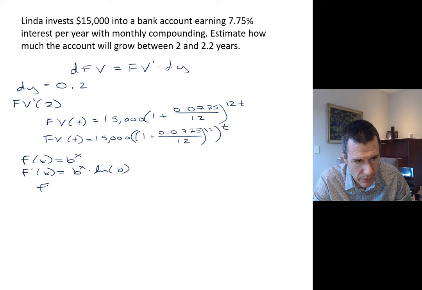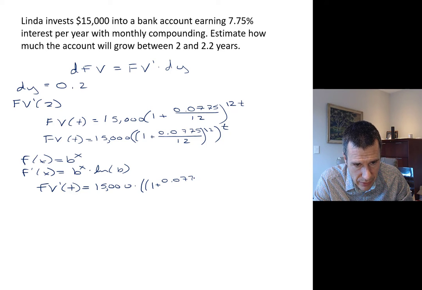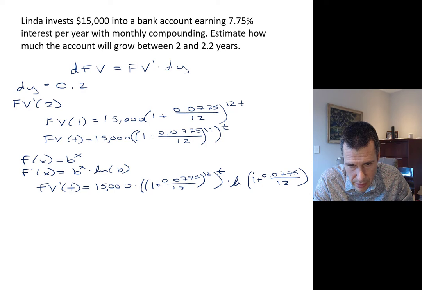So we can take our derivative here, fv prime of t is 15,000, that's just a constant, times, and again, let's just write it all out, we'll be careful here, 1 plus 0.0775 divided by 12 to the power 12, to the power t, right? That's that first term, b to the x, times natural log of 1 plus 0.0775 over 12, and inside, oops, let's put an extra parenthesis here, to the power 12.